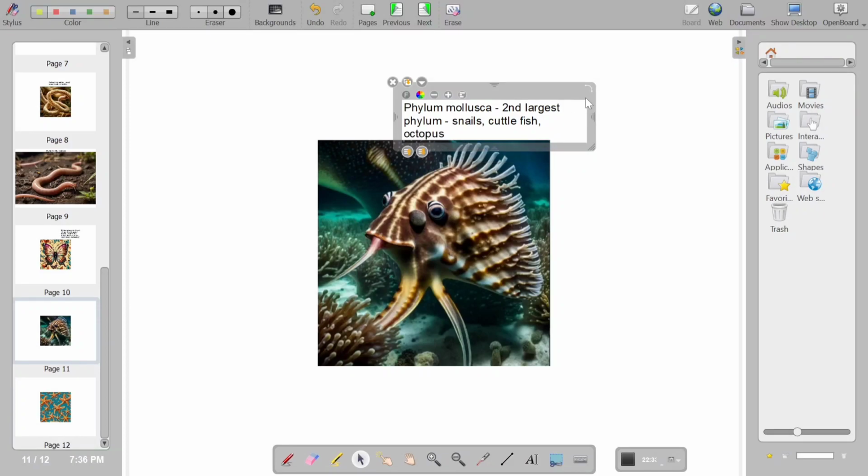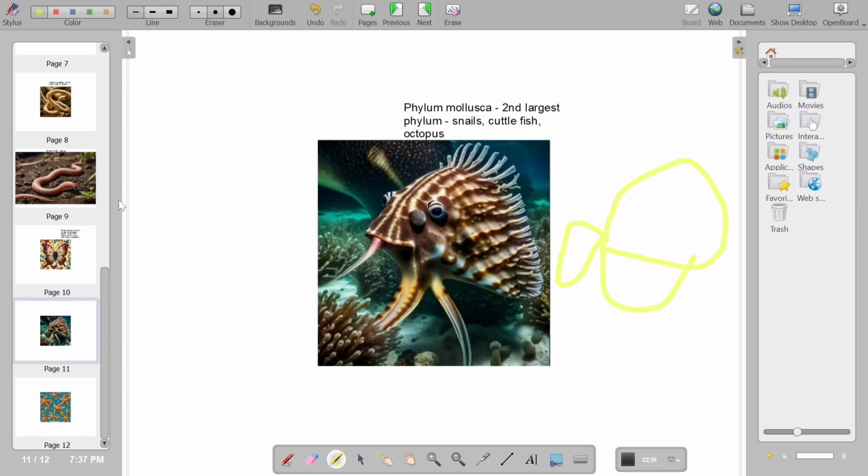These animals come under this category. These animals are soft-bodied and unsegmented. They have a muscular head and foot. Instead of scales, they have a mantle. Then the shell is made up of a calcareous exoskeleton.